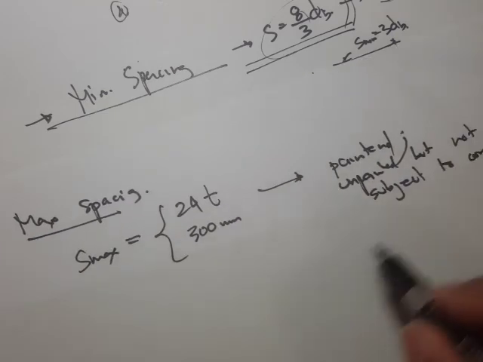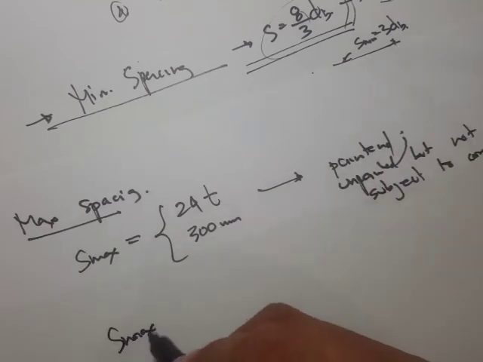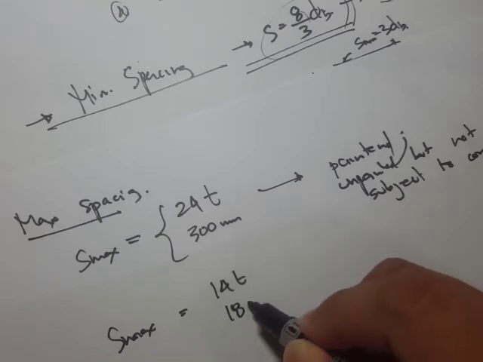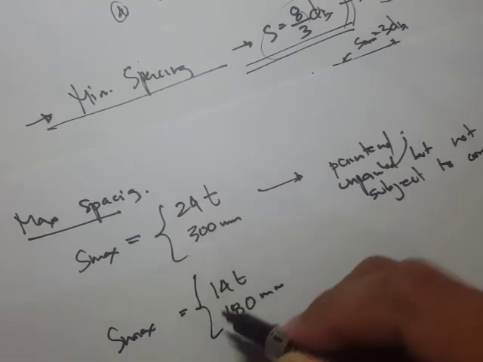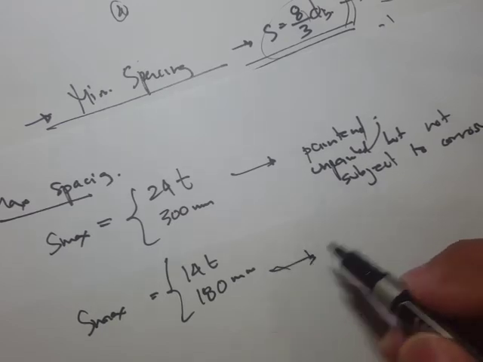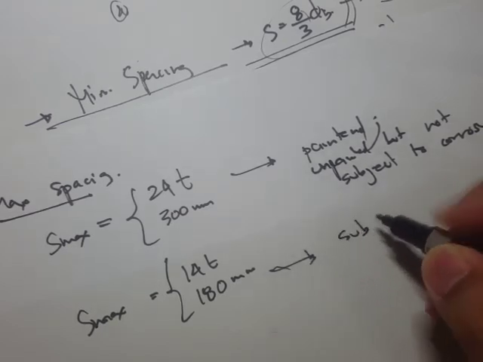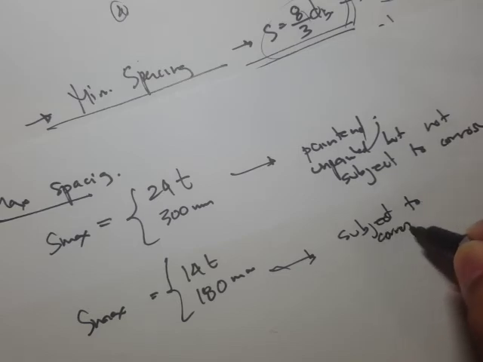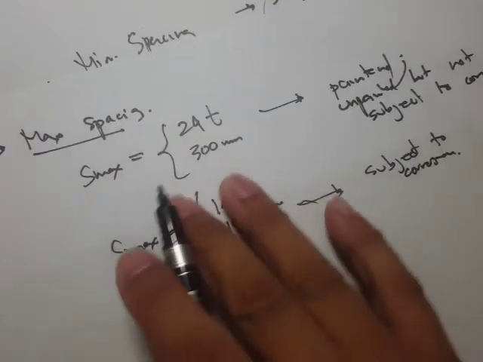But for other conditions, the S max is equal to 14T. Okay, so subject to corrosion. So that's going to be the spacing.